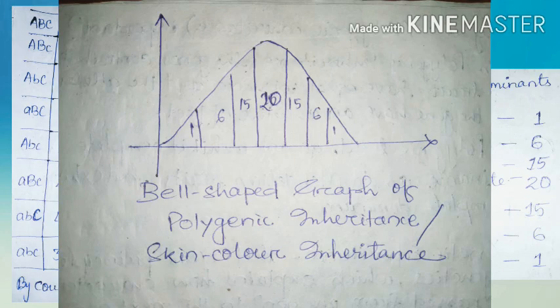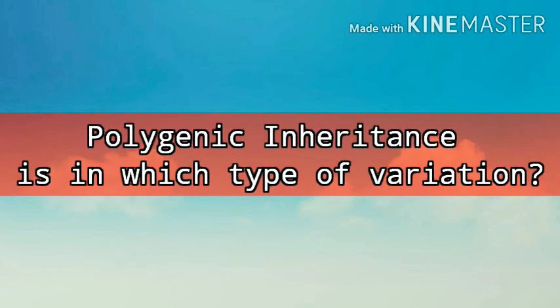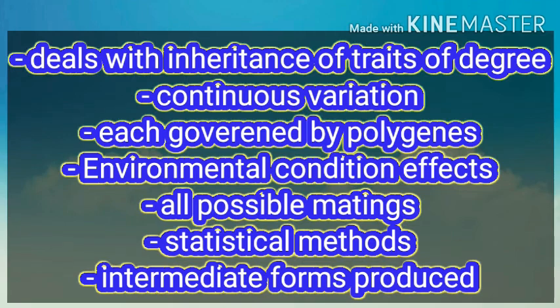So that's all. So we have the question: polygenic inheritance is in which type of variation? Look at the quantitative variation, meaning quantitative inheritance. What are its points? It shows the full trait when dominant alleles are present.